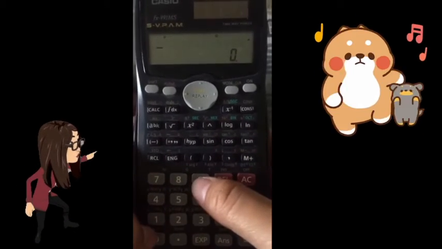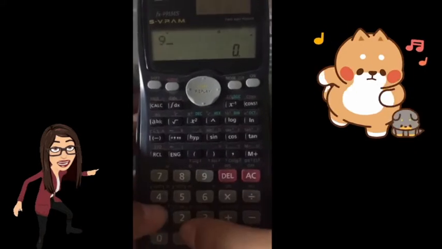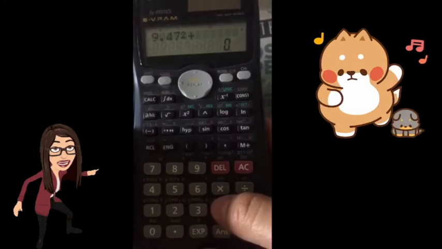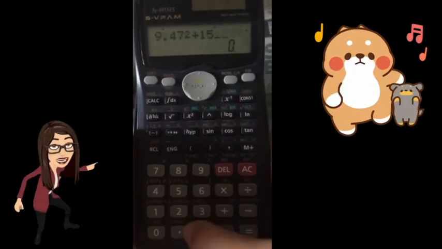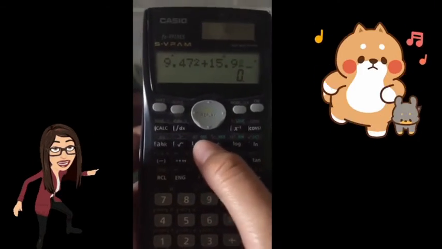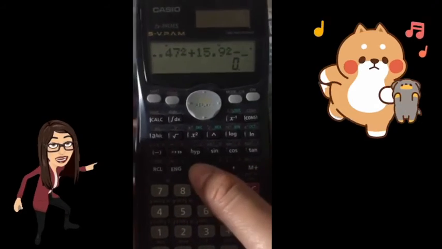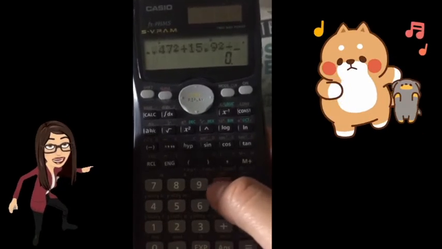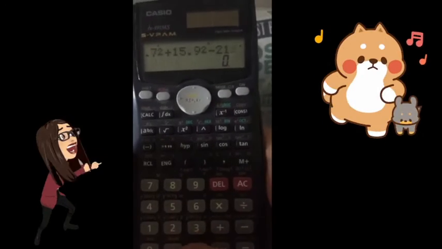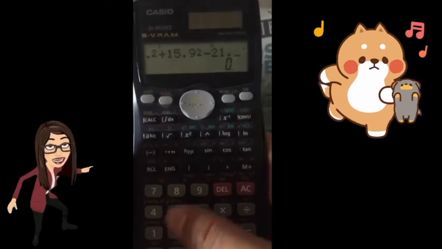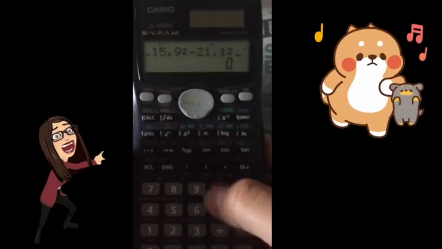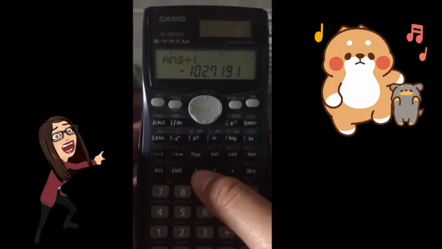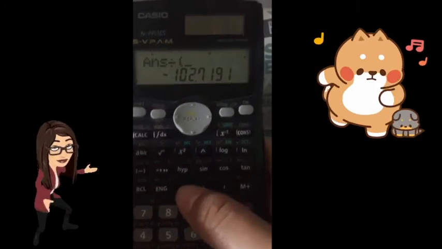So, input first your given, which is 9.47 squared plus 15.9 squared, then minus, let's just use a parenthesis, 21.1 squared, so equal sign, then divided by, so let's just use a parenthesis para ma-separate siya.